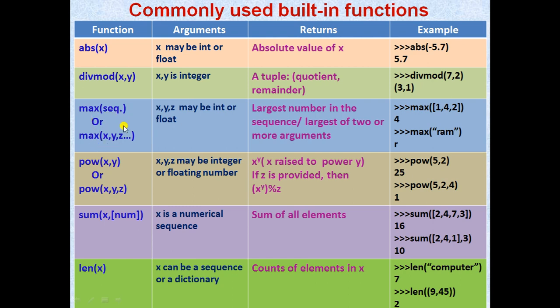Similarly, the max function is used to return the largest value in a given sequence, either in a list or in a string. pow returns x to the power y. If we write pow(5,2), it will return 25. And this is an important one: if we give three values, pow(5,2,4), it will return 1.